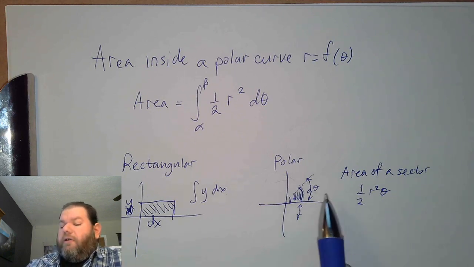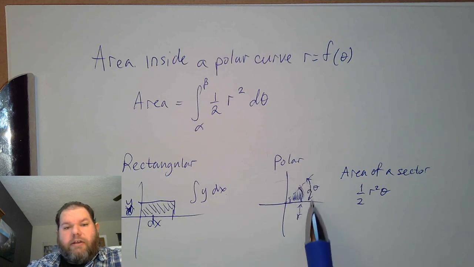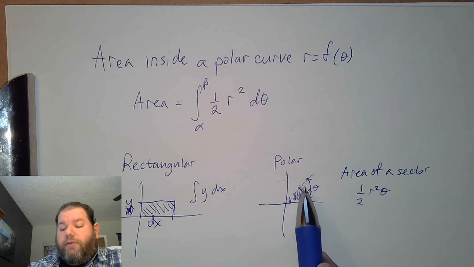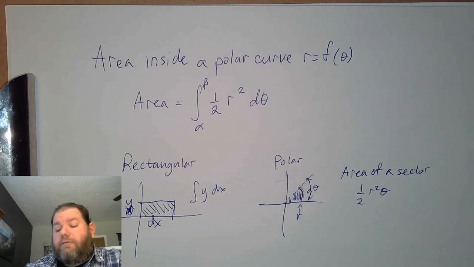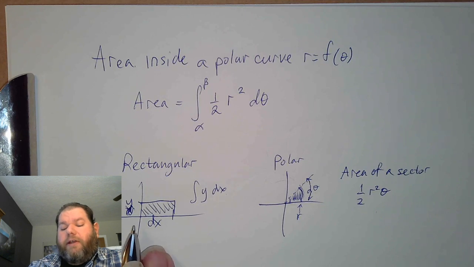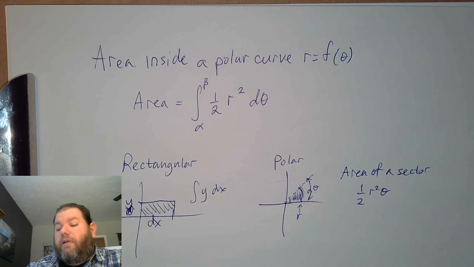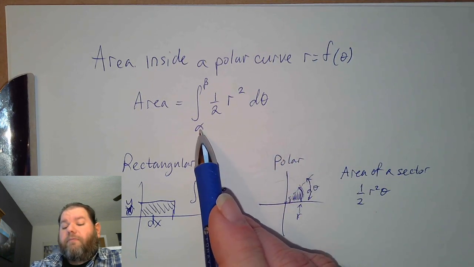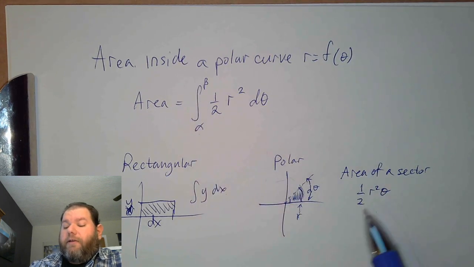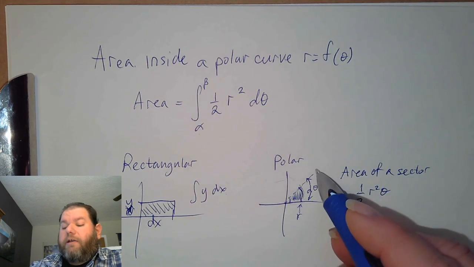In this case, d theta is the differential between these two angles, and that's why it correlates directly to the sector of a circle. Just like over here, dx is more of a delta x, the distance between these two points. That's our connection. So that's why we have this formula inside, and then we go from angle alpha to angle beta, whatever alpha and beta happen to be.